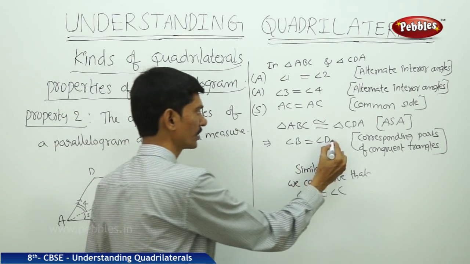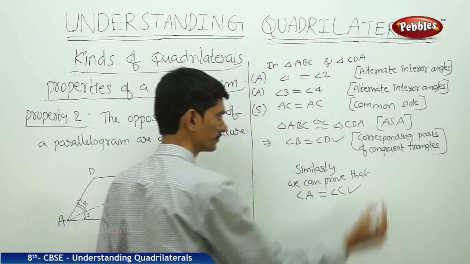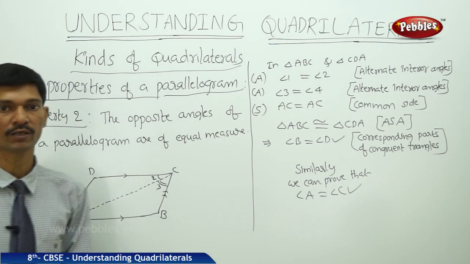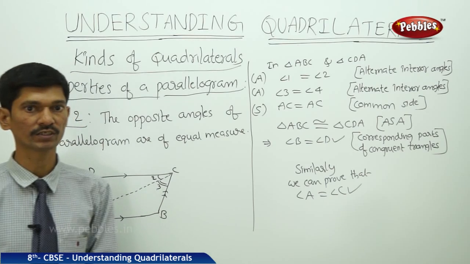So angle B equals to angle D and angle A equals to angle C, which implies that the opposite angles of a parallelogram are equal in measure.